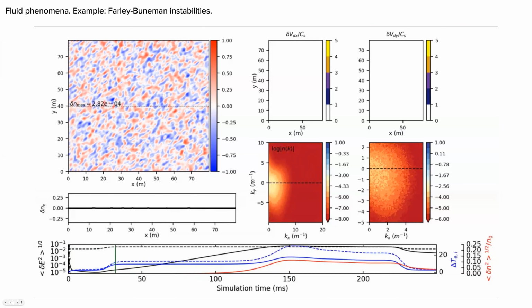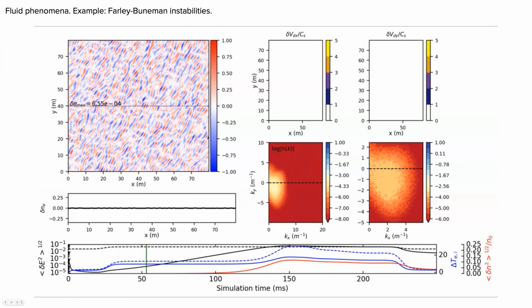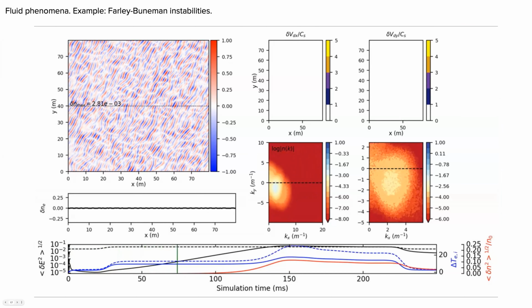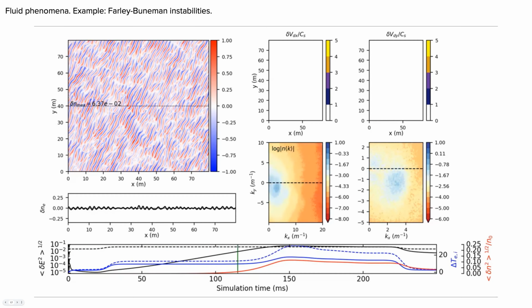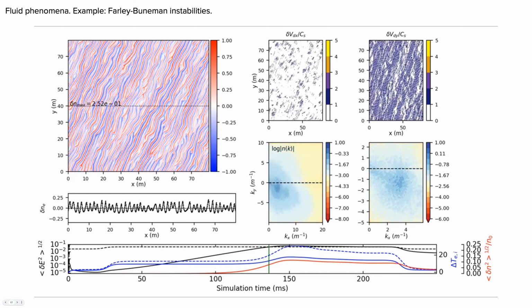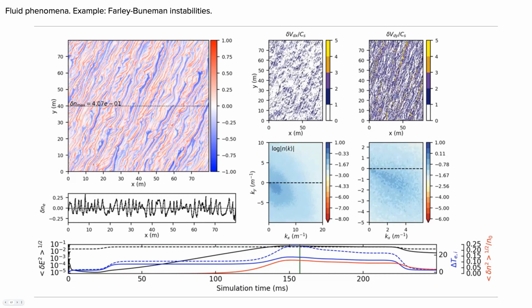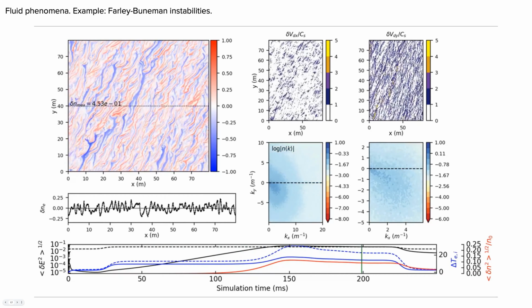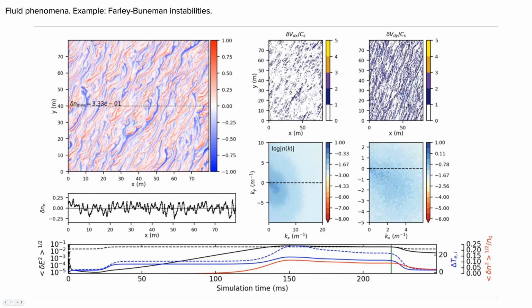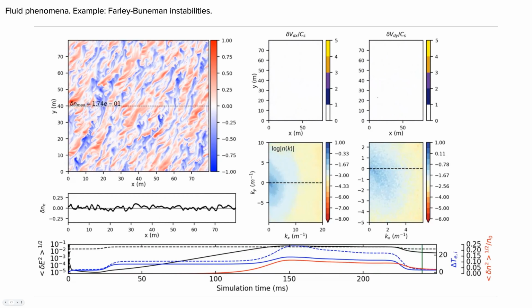This is the power spectra. This is a cut of the electron density perturbations, and a time series of some parameters that is going to be a proxy for the amount of growth of the instability. And you see here similar patterns to what you see from the PIC simulation. And yeah, that looks pretty cool.